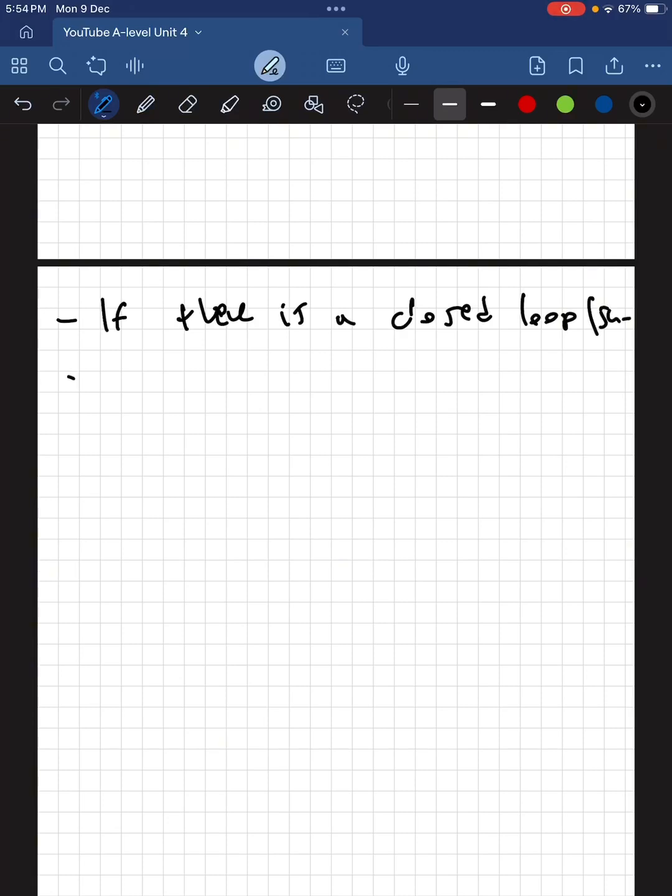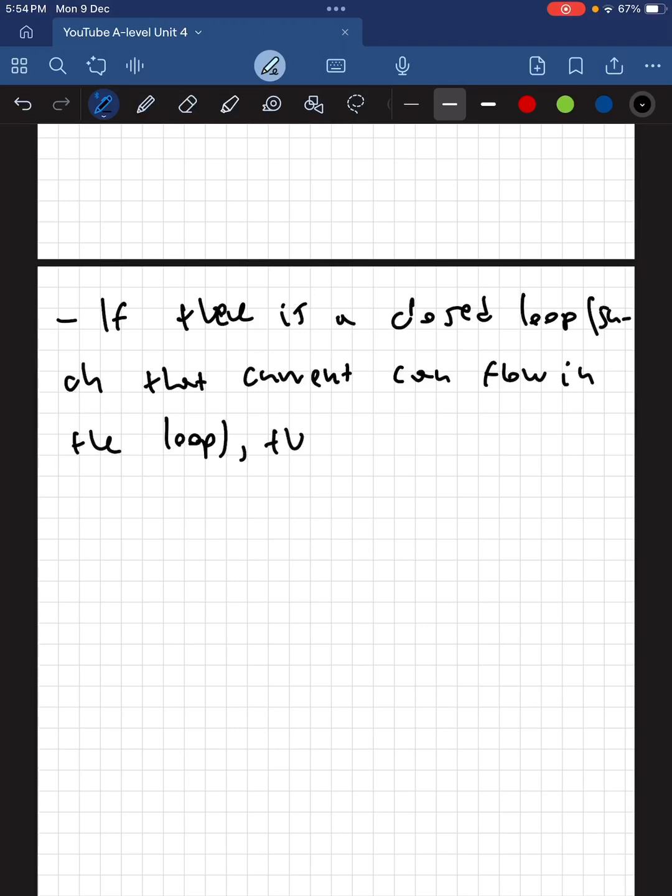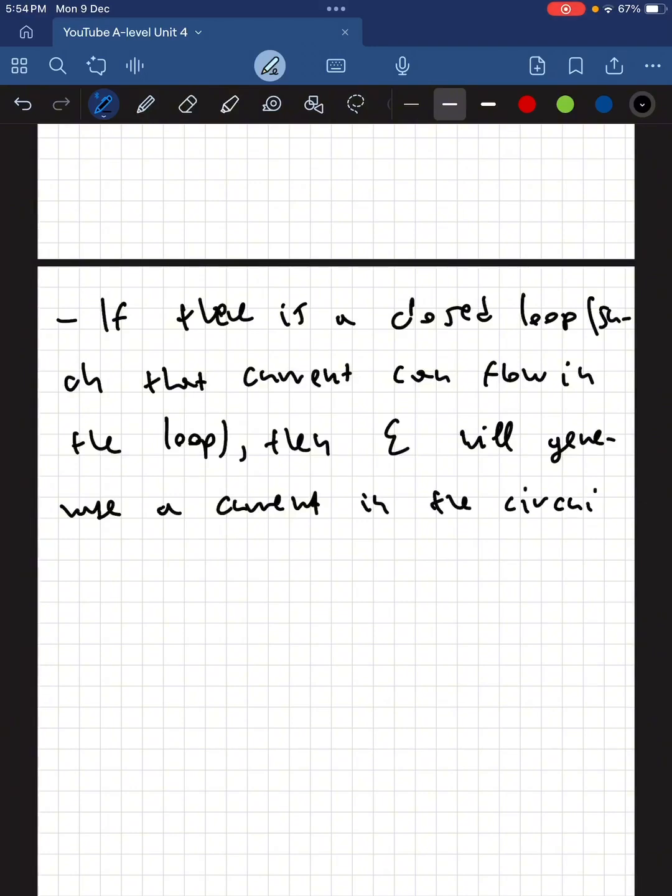Such that a current can flow in the loop, then this EMF will generate a current in the circuit given by I equal to E over R, where R is the resistance of the circuit.